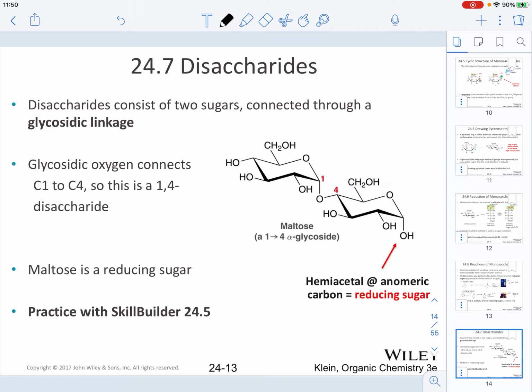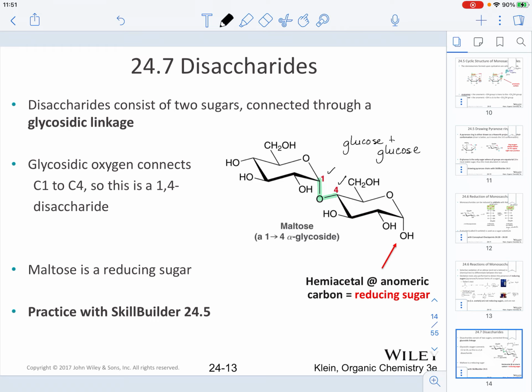Now, maltose specifically, as you can see, and I'm going to highlight it, is a 1,4 glycoside. What that means is that maltose, which is specifically glucose linked with glucose at position 1, at position 4, they are linked through a glycosidic bond.